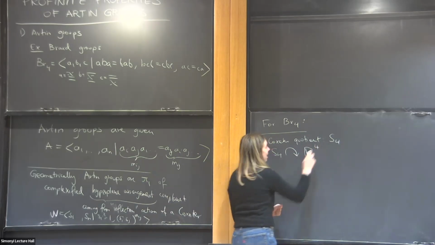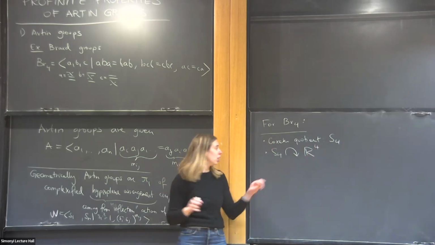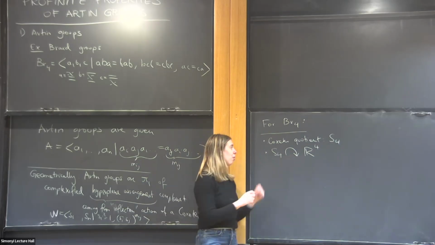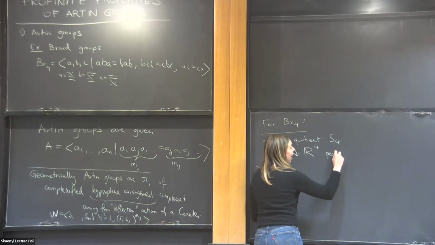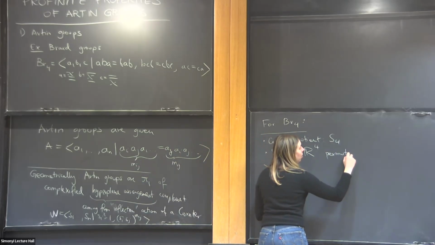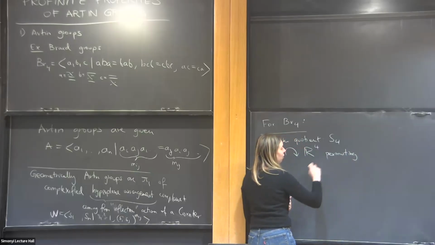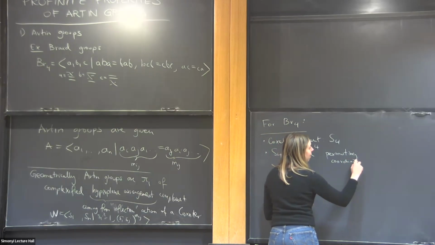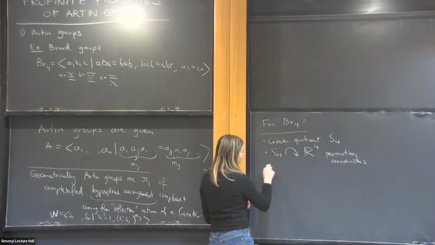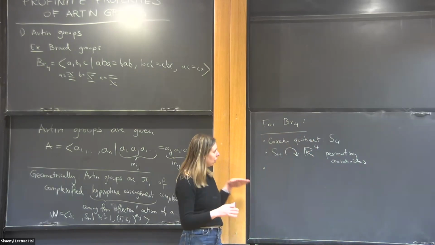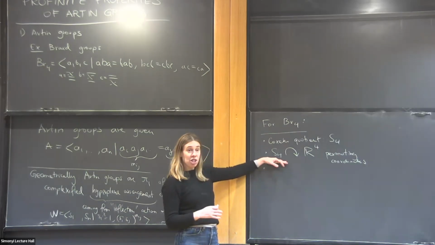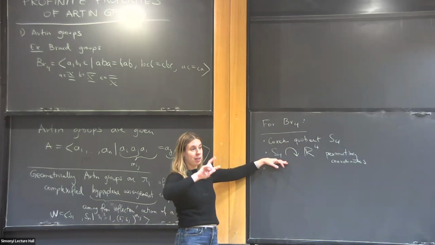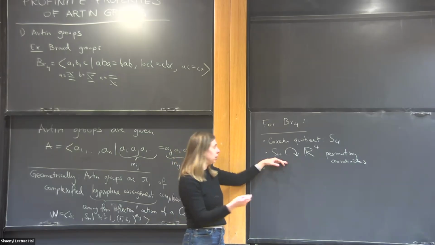There is a very simple action by reflections of S4 on R4, which is just the action by permutations of coordinates. And if we look at transpositions in the symmetric group, they act as reflections.